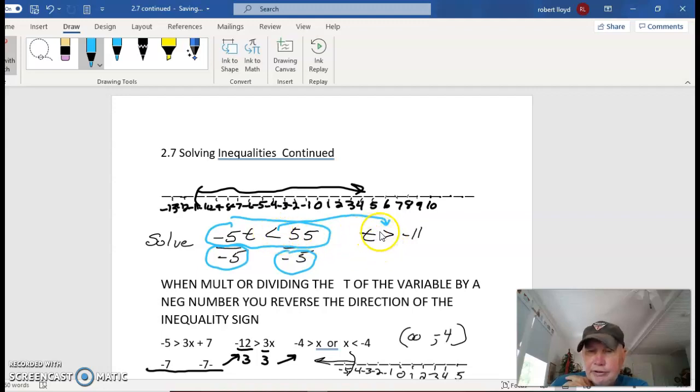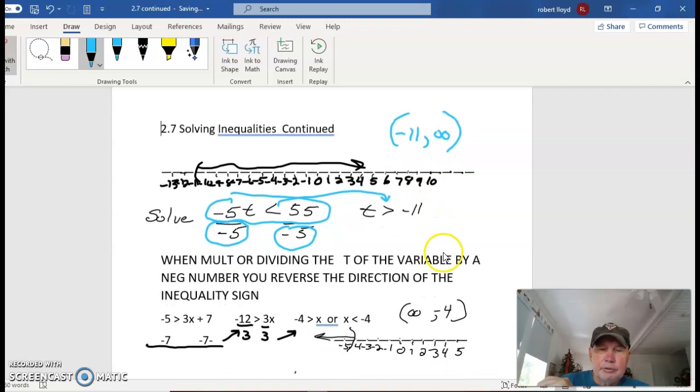So instead of less than, it becomes greater than. So negative 11 and greater. And if we did the interval notation, we would have a parentheses to start with, negative 11, then out to infinity.